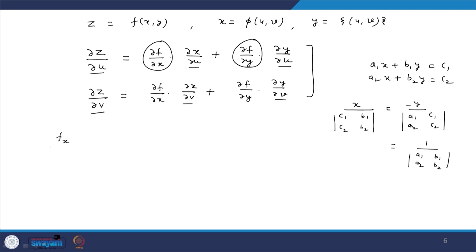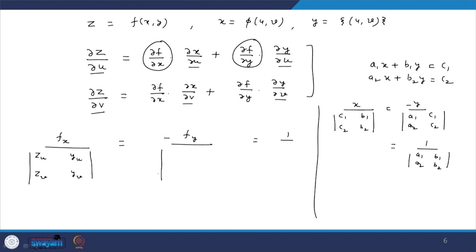This is f x upon, this is equal to minus f y upon, this is equal to 1 upon. What is f x upon? The determinant of C1 C2. What is C1, C2? This is ZU, ZV, this is B1 B2, this is YU, YV.